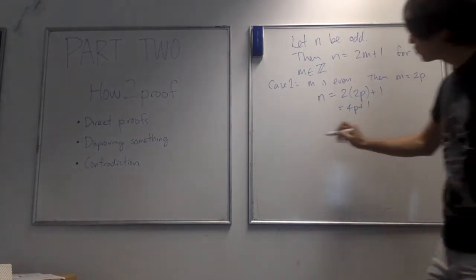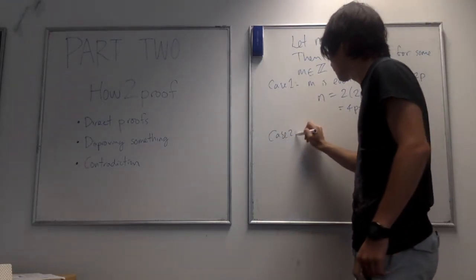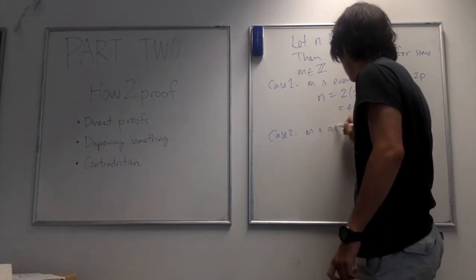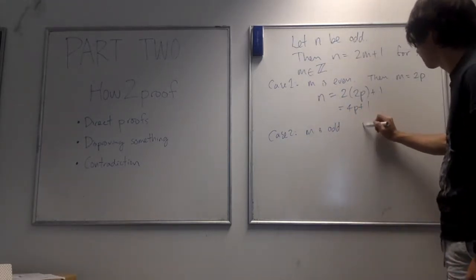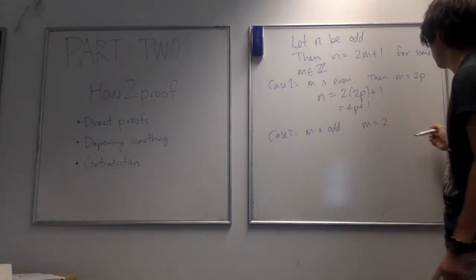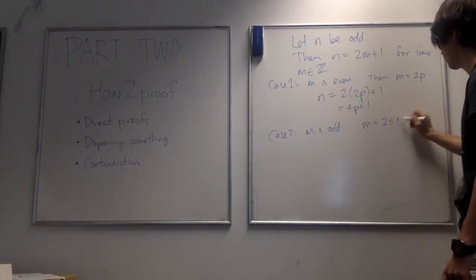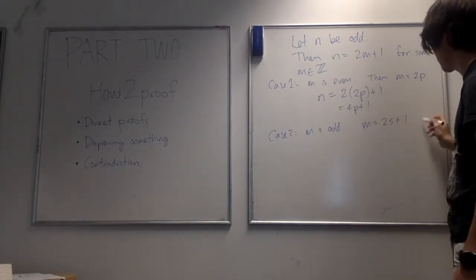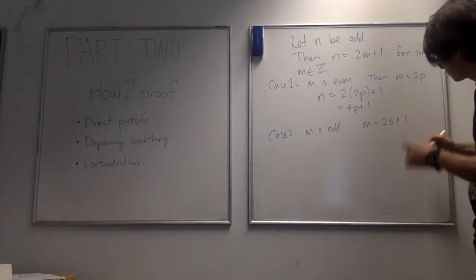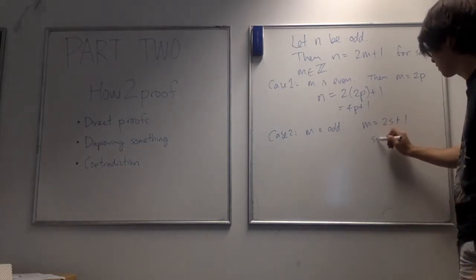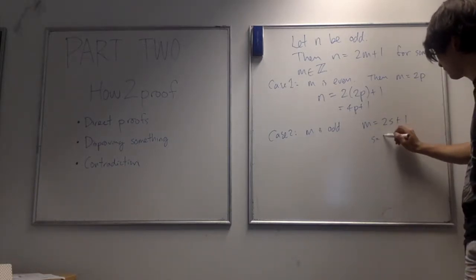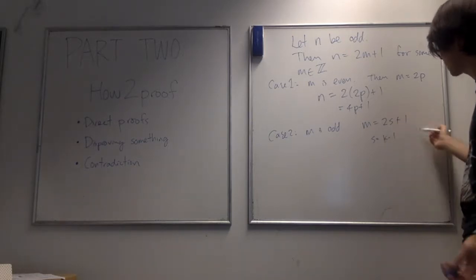And case 2, m is odd. Then m equals 2s plus 1, for some s in the integers. Choose s to be equal to, I don't know, like k minus 1, where k is an integer, right?